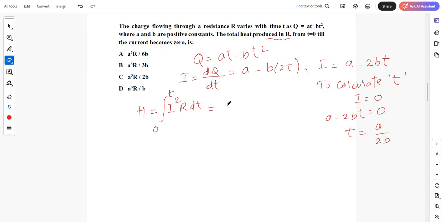Now that is equal to integration 0 to a by 2b of I squared R, that is (a minus 2bt) the whole square into R with respect to t.